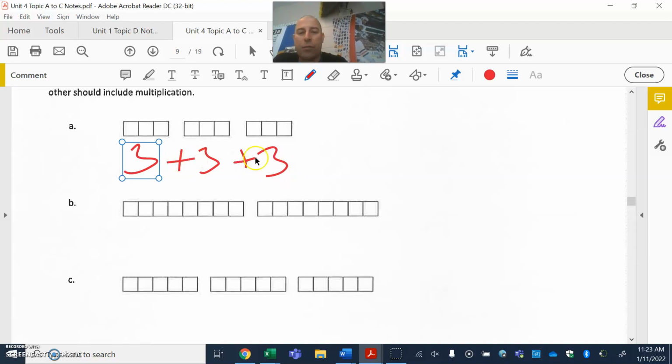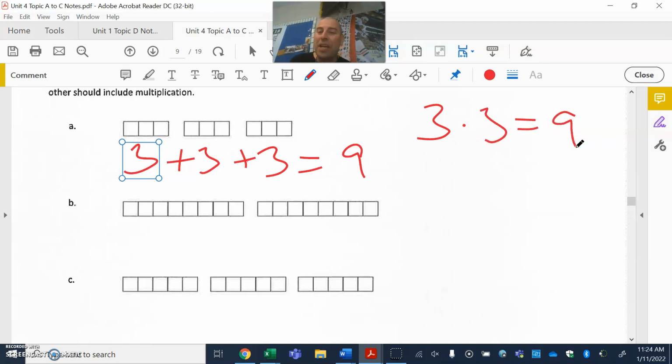Altogether, if we add them up, 3 plus 3 plus 3, hey, 3, 6, 9, there we go. If it's a multiplication, we've got a group of 3, and how many groups of 3 do we have? Well, we got 3 of them. So 3 times 3, hey, 9. So we should get the same answer, because again, what we're going to be seeing here is repeat addition is multiplication.